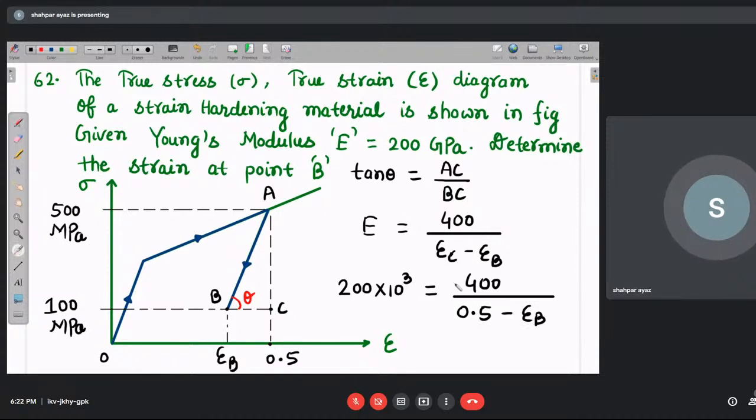This value 400 is in megapascal, so I have calculated the modulus of elasticity also in megapascal. So here we are getting epsilon B as 0.498. This we are getting, everyone.